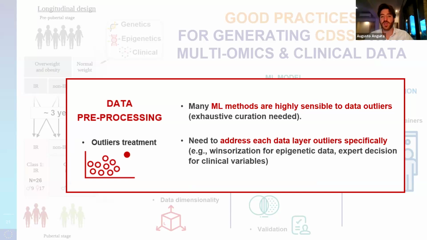We need to address the presence of outliers separately and specifically in each data layer. Each data layer can be very different in nature. It's not the same outliers in epigenetic data or in some clinical variables that maybe will need evaluation by a human expert. But we definitely recommend paying attention to outliers treatment before the model construction.